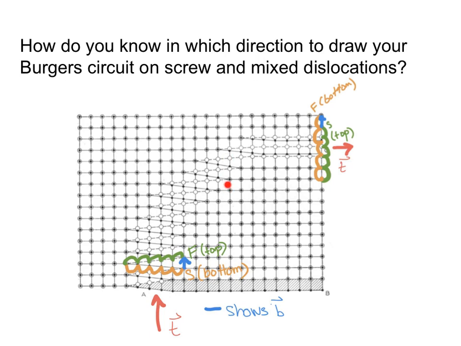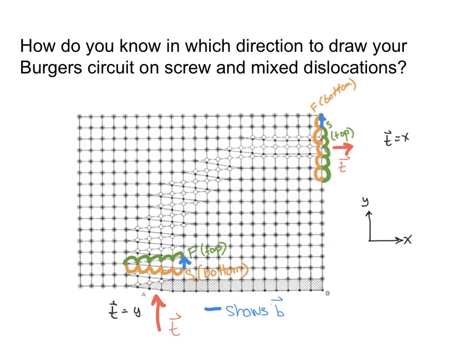And even in the middle, where we have a mixed dislocation, we end up with the same Burgers vector pointing up here. The thing that's different is the direction of the dislocation line. So if we define a coordinate system where this is x and this is y, then over here the dislocation line is in the y direction, and over here the dislocation line is in the x direction. So we use the same process.